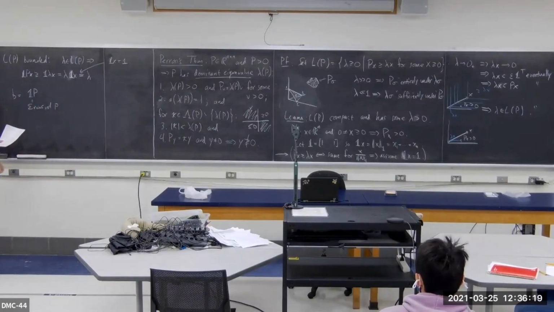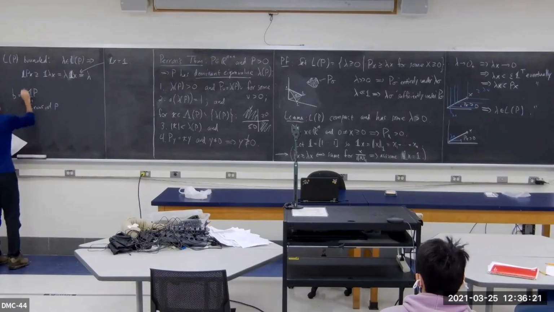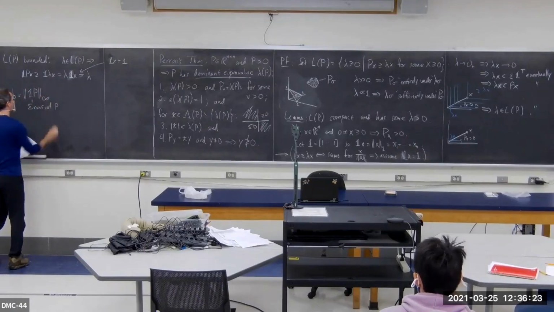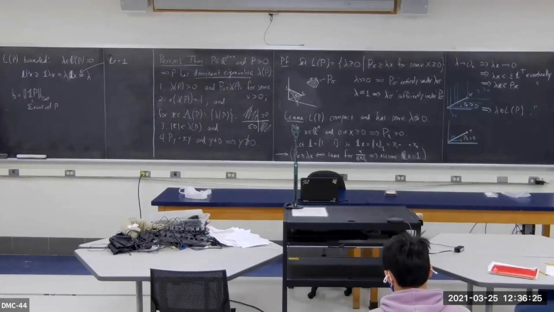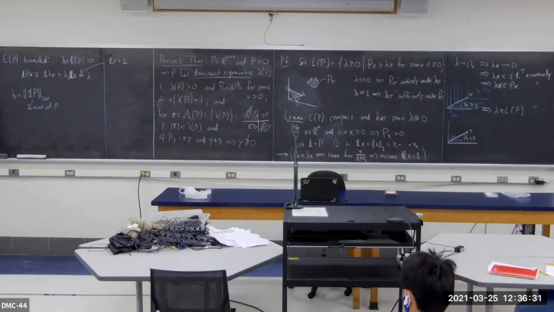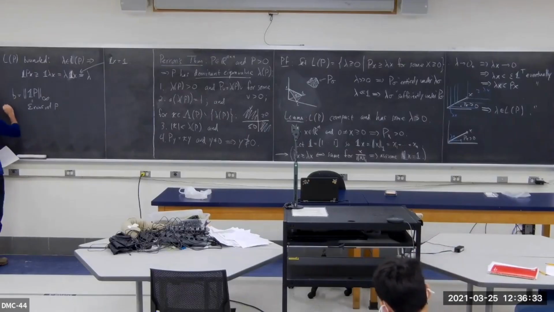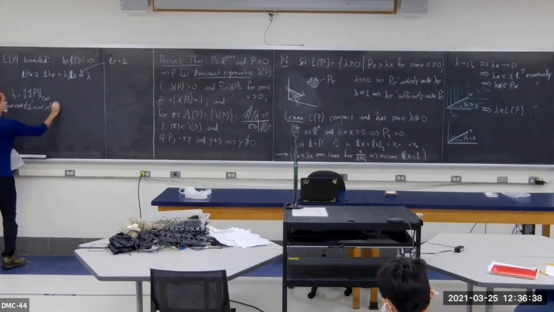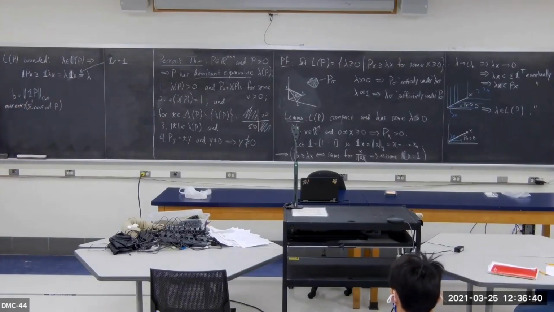Okay? So now let me take this thing to be the infinity norm of that. What's that otherwise known as? Infinity. It's the max entry of the sum of the rows of P. Okay, that's just some number.